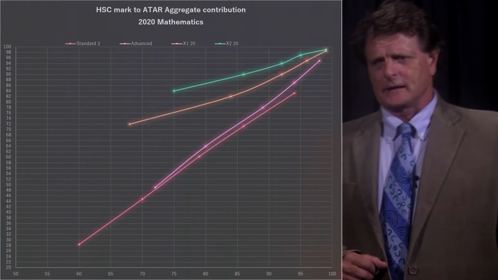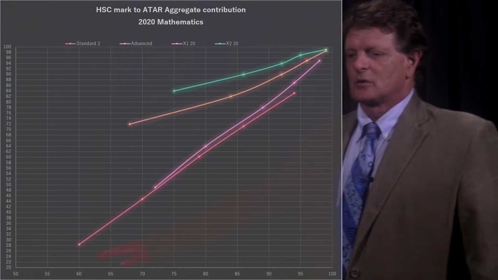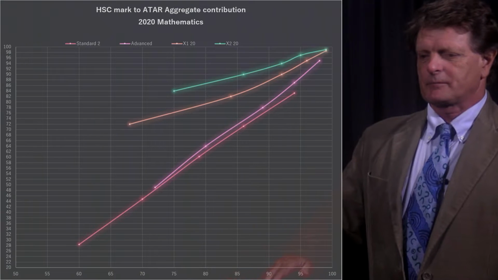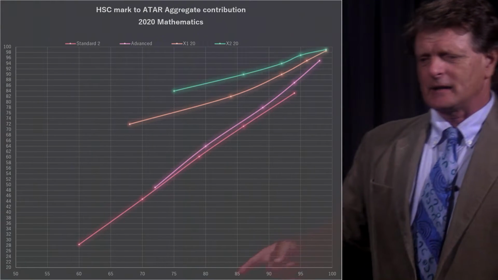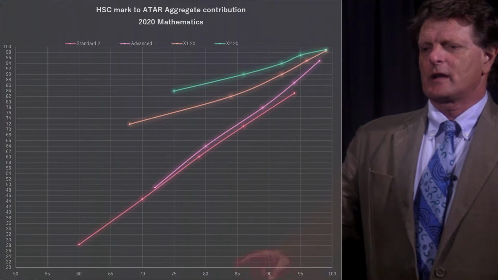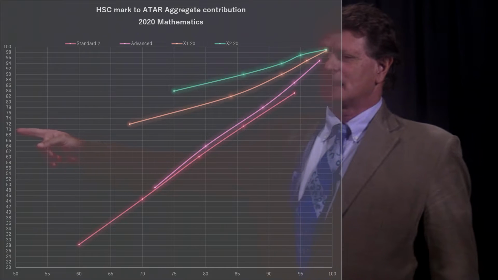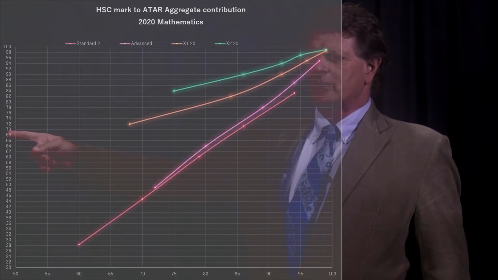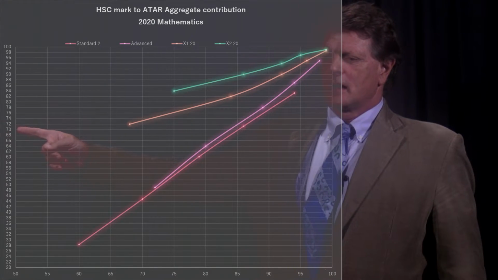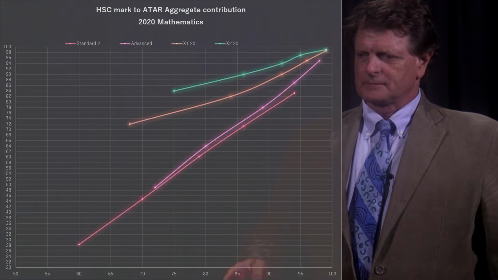What we have here is a map of the HSC scores in the different maths subjects. So here you'll be at 80, and you follow that up, and then you go across. That number over there is the ATAR credit generated by this HSC number here.